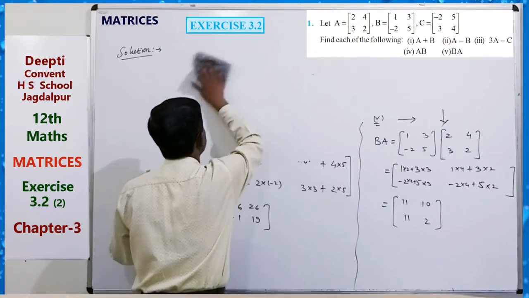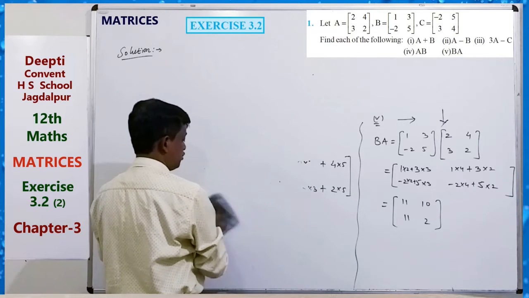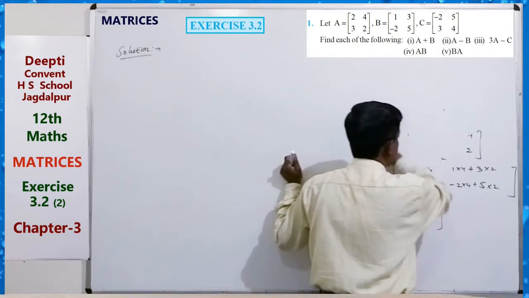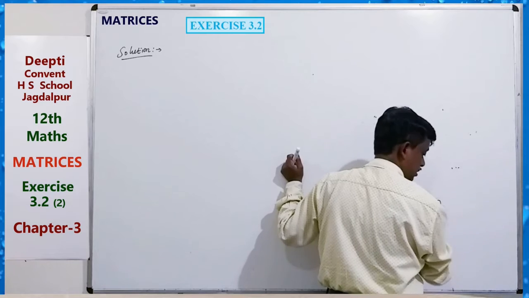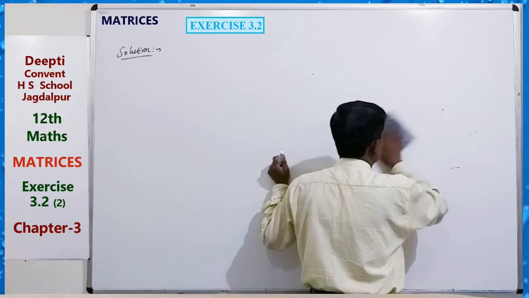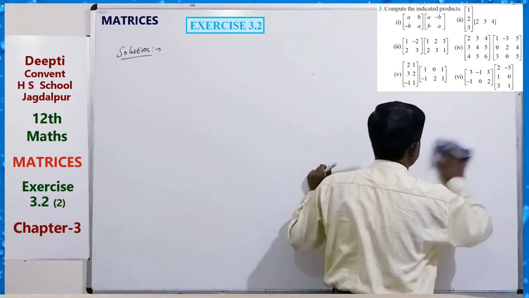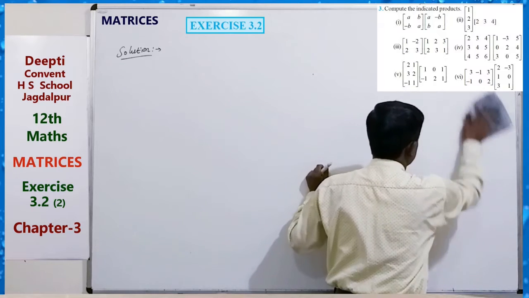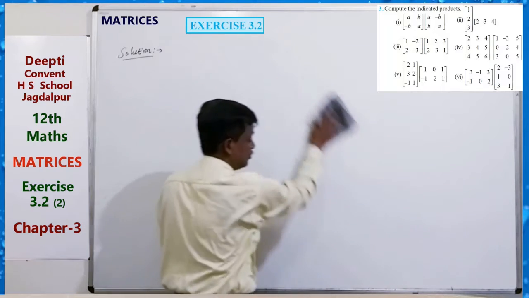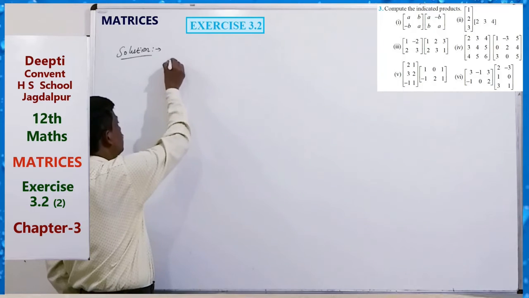The matrices may be 3 by 3, 2 by 2, or not square; as long as the product is defined, we can find the multiplication. There are 4 or 5 multiplications given, so let's take 1 or 2 of them.